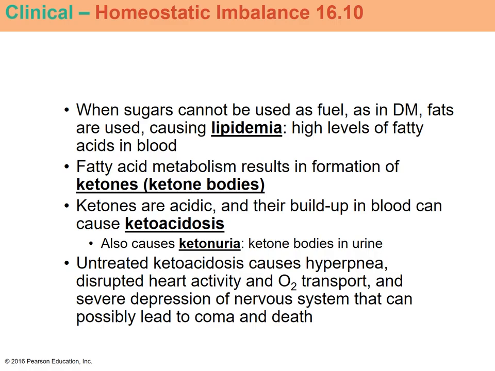Fatty acid metabolism now is you start breaking down those fatty acids. What do they break down to? Ketones. Ketones are acidic. So now what's going to happen? You're going to drop the pH in the blood. That leads to ketoacidosis. You can also end up having ketone bodies in the urine, which you shouldn't have there.